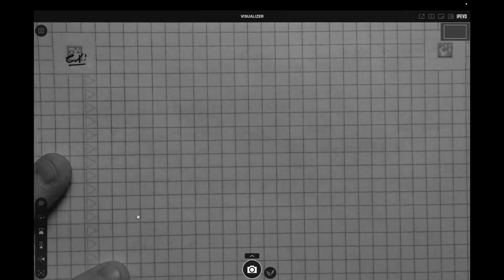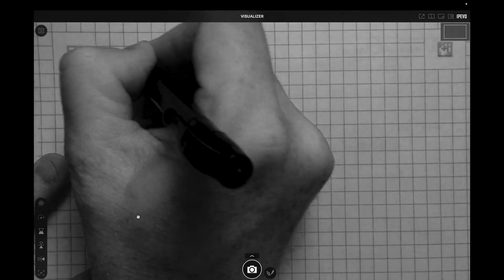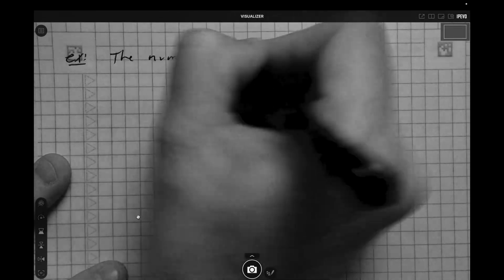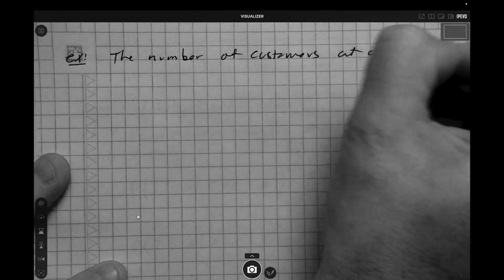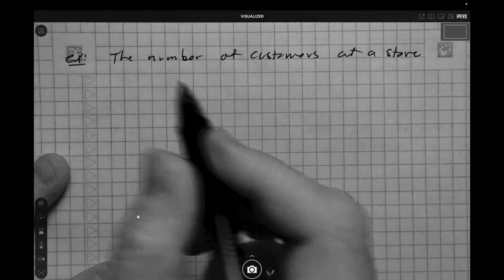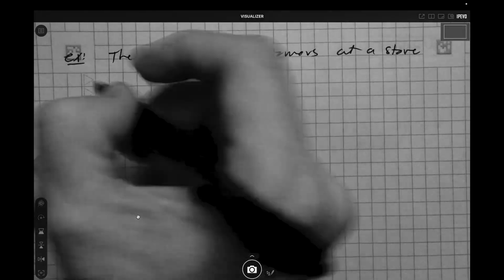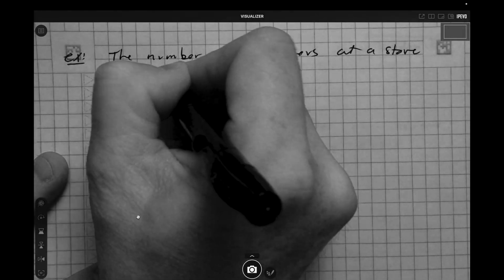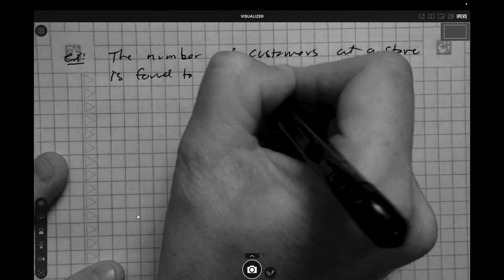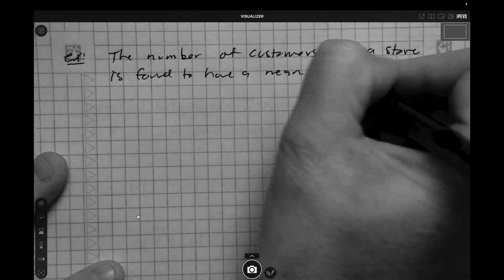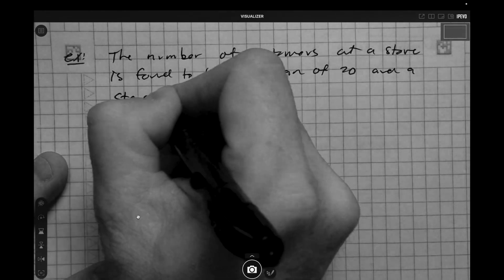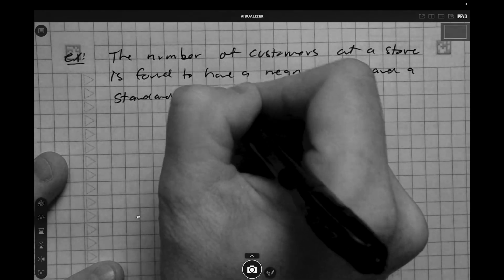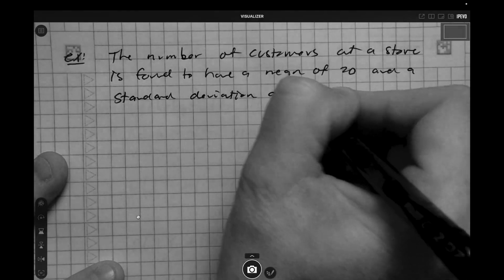The number of customers at a store is found to have a mean of 20 and a standard deviation of 2.